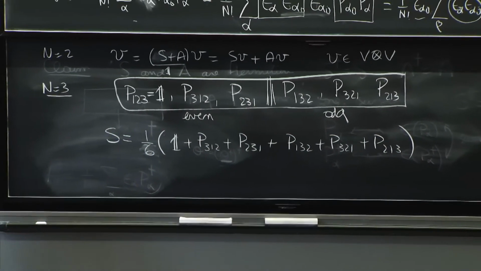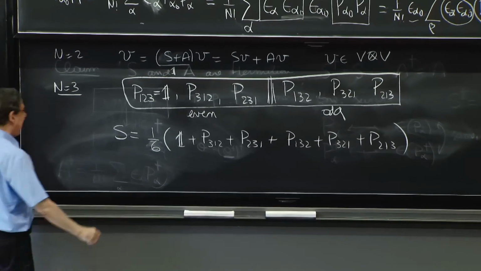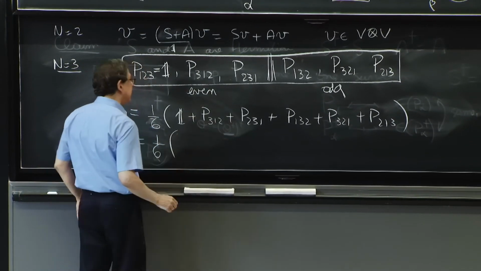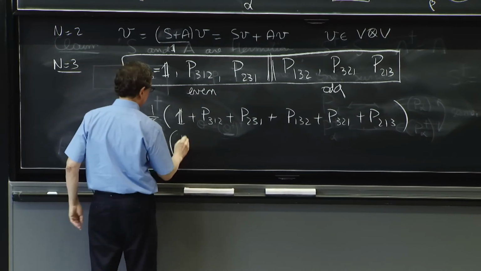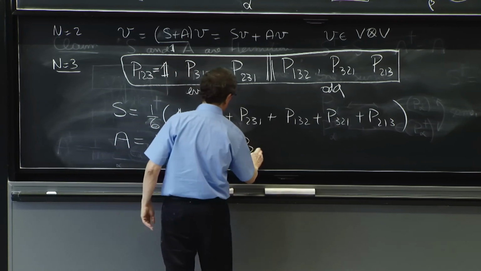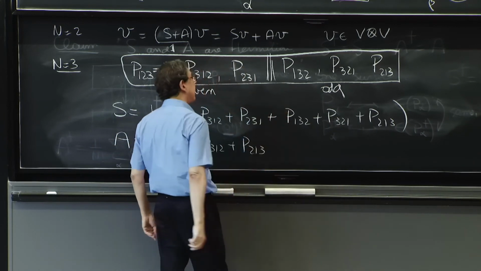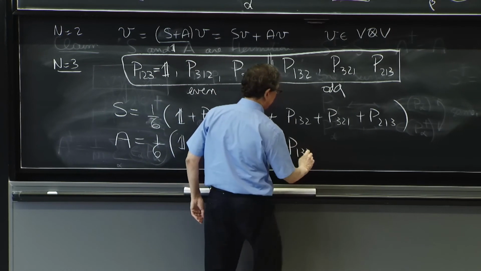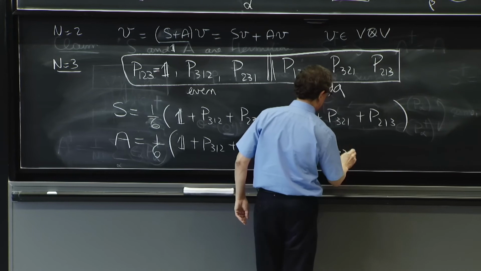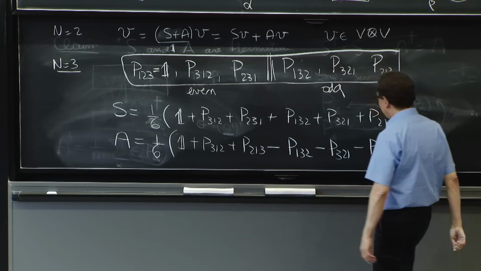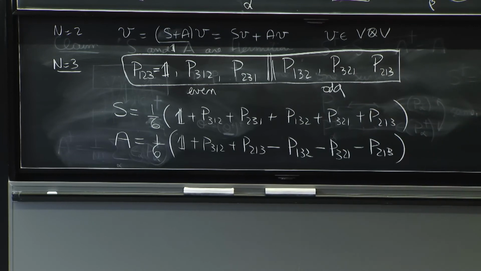All of them, you have to add them. What is A? It's 1/6. You add the ones that are even, 1 plus P312 plus P231, and you subtract all the ones that are odd: minus P132 minus P321 minus P213. So those are the two operators, in case you wanted to see them.